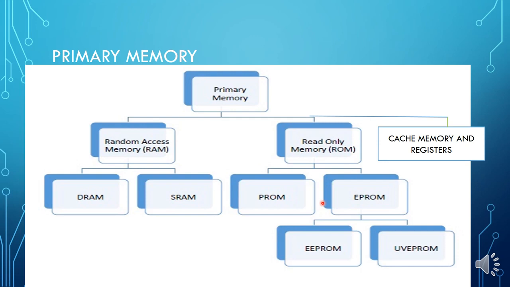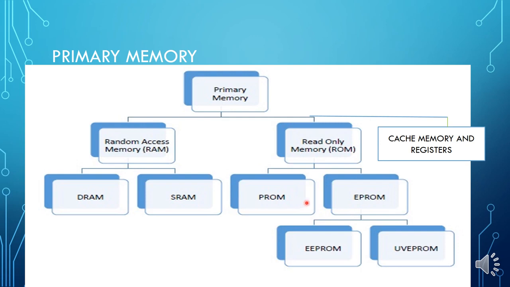Means whatever program is written, it is intact. It will not change in any condition even though power is off. So PROM is a type of ROM, but it is programmable read-only memory, in which programs remain intact; they do not change, not even their location.